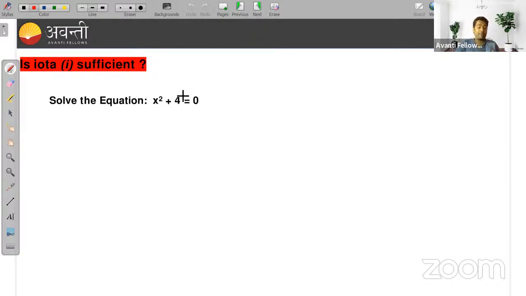Here I'm giving you one question, that is x squared plus 4 is equal to 0. If I ask you to solve this equation, what will you do? You know the square root of negative 1 is iota. But here, when I'm solving it, I'm getting x squared is equal to minus 4. Is that right? Yes or no?